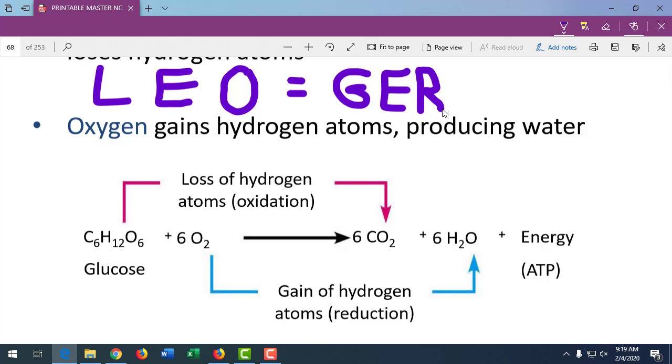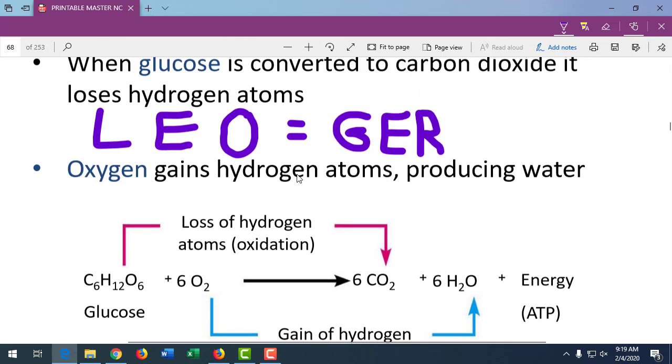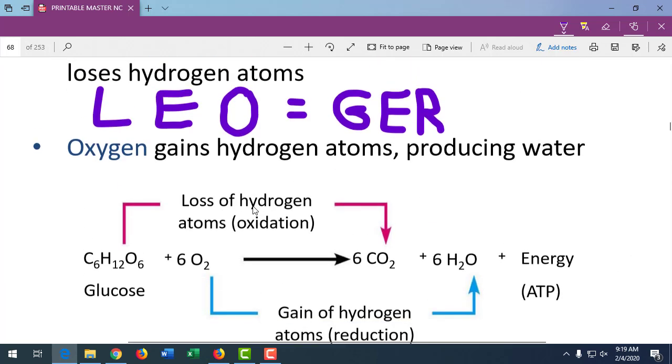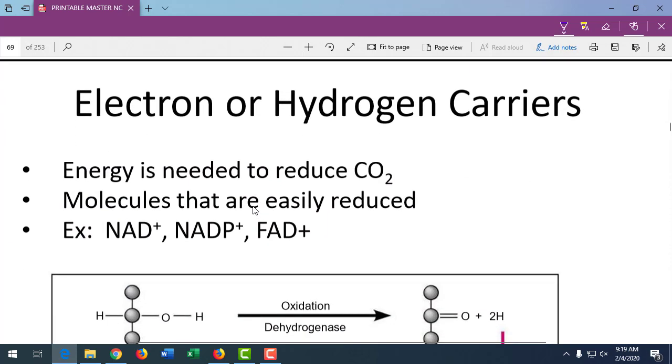So they happen in pairs. A way to remember this is Leo the lion goes grr. Leo: lose electrons, oxidation. Grr: gain electrons, reduction. And the electrons are what again? Hydrogen atoms. This is a fundamental concept that we're going to see applied as we watch this process of photosynthesis.